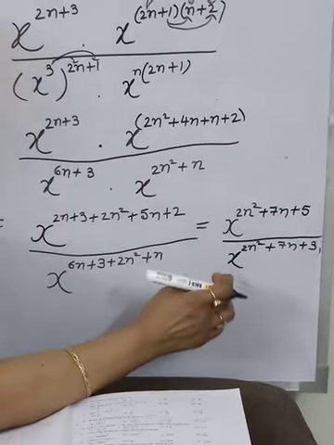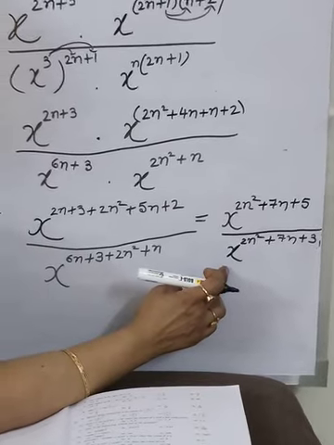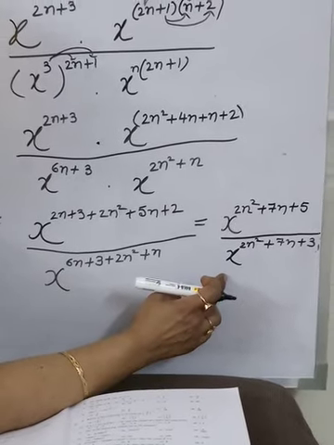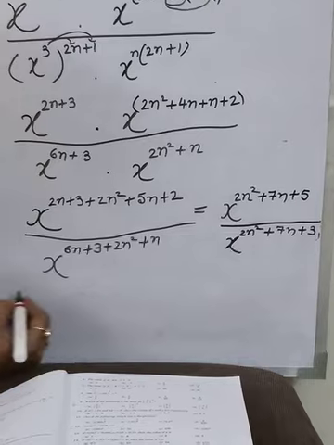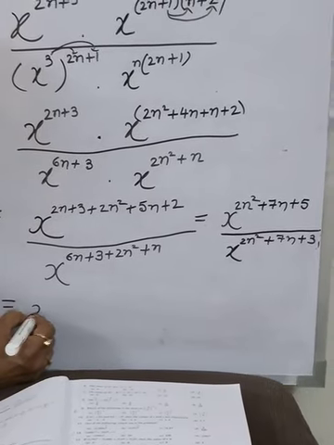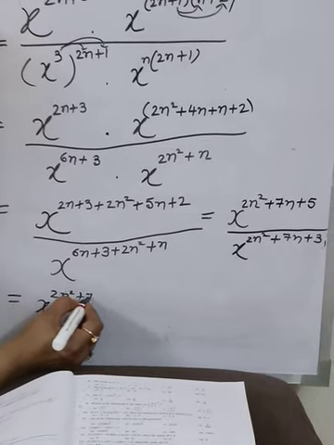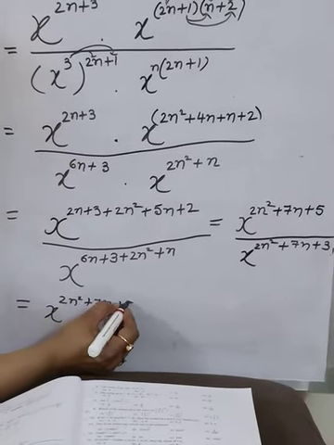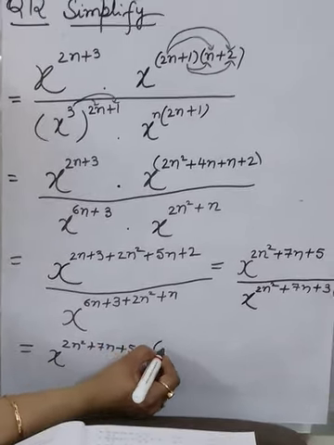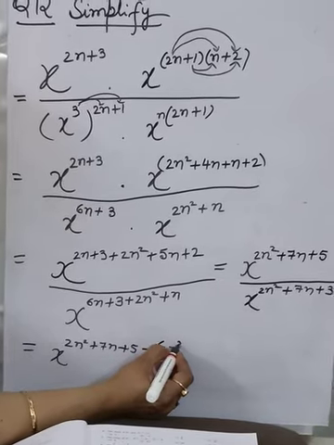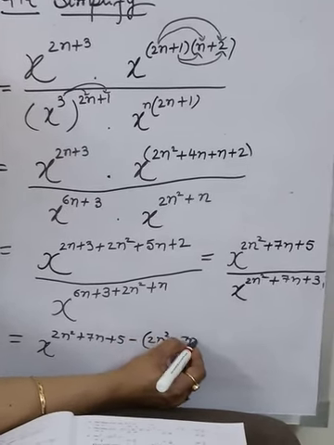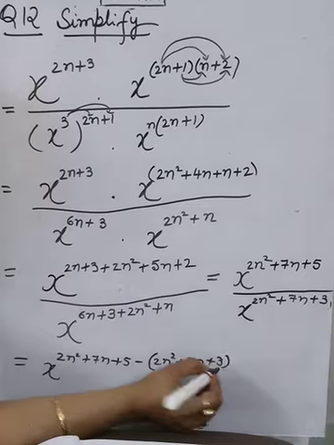The base is same, so we apply the division law. Powers get subtracted. What we'll get? x to the power 2n square plus 7n plus 5 minus 2n square plus 7n plus 3.